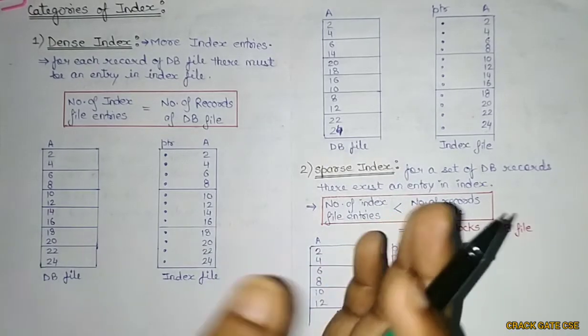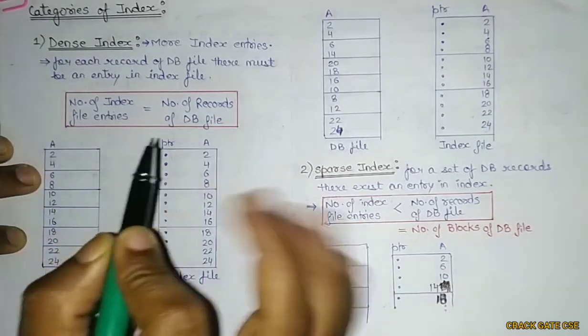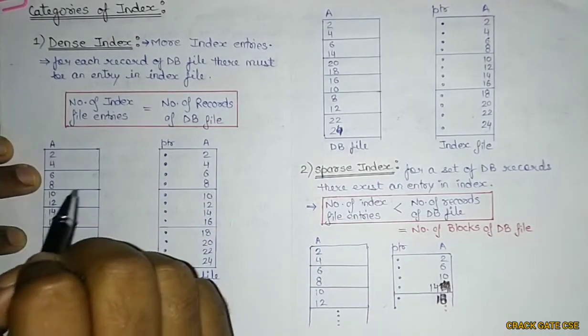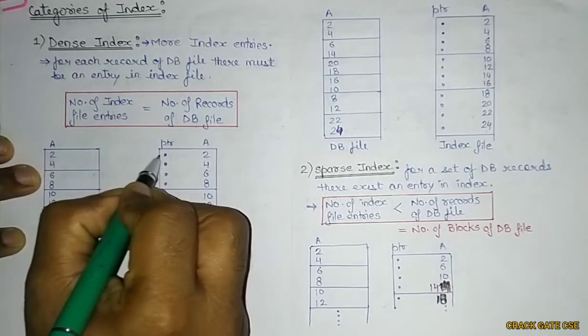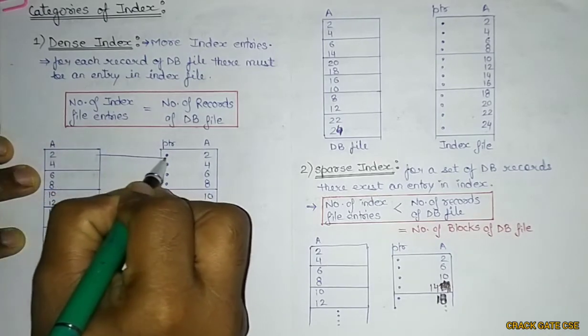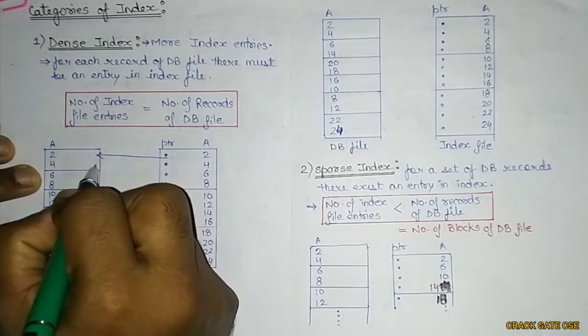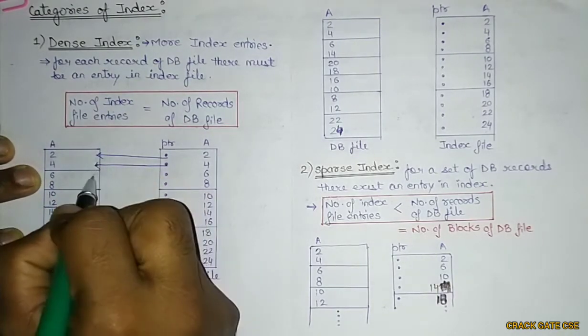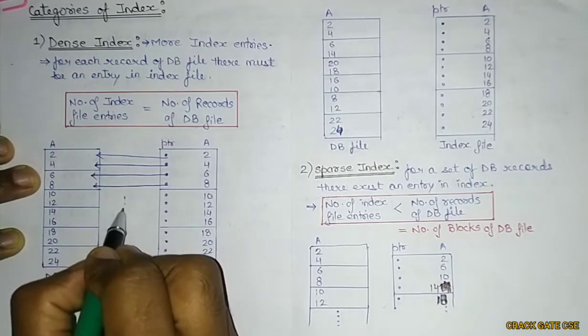Now let's see how it will be represented using the help of pointers. So we'll be having a pointer for each entry or each record of the database file. Here I am having 2, so I am having a respective pointer in the index value like this. Similarly for 4 I am having a pointer, for 6, for 8, and so on.